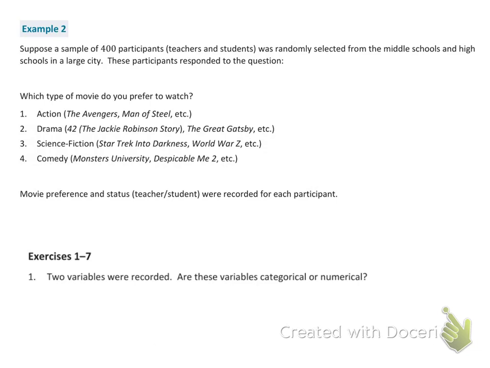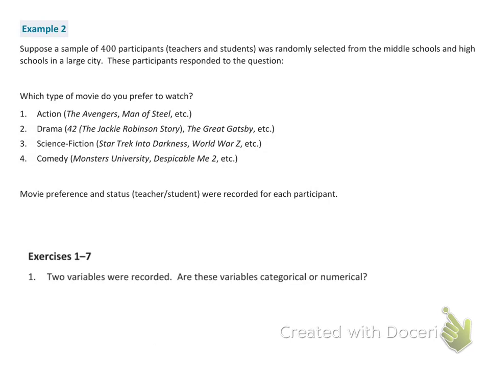These are teachers and students, so some are teachers, some are students. These participants responded to the question, what type of movie do you prefer to watch? The options were action movies, drama, science fiction, or comedy. So they had 4 choices.